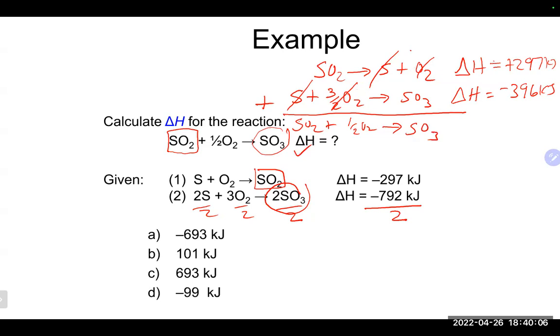Again, 1 minus 3 halves gives you just a half left over. And then I just need to add my values here: 297 minus 396 looks like a minus 99 kilojoules would be our overall value here. Any questions on that?